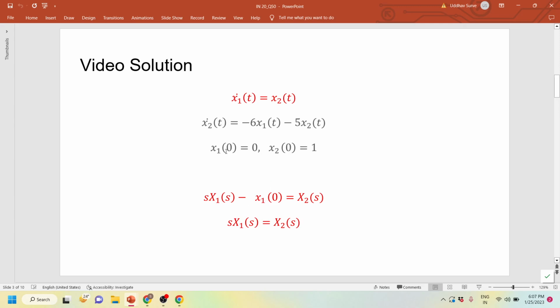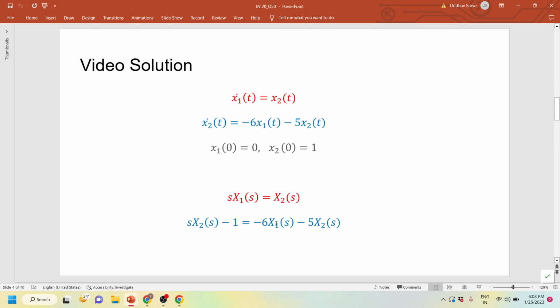Now as x1(0) is 0, we directly write sX1(s) equals X2(s). Now let us look at the second equation, the blue one. x2 dot of t is equal to minus 6 x1 minus 5 x2. And in the previous slide we established that sX1 is equal to X2.